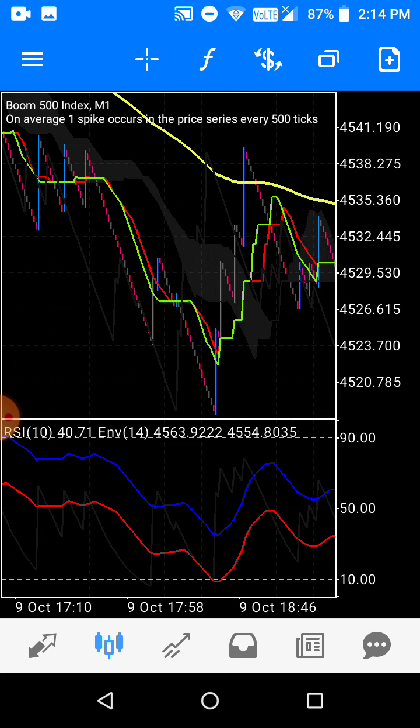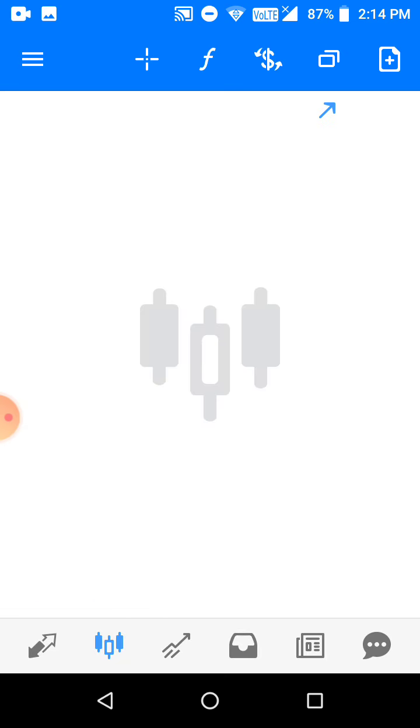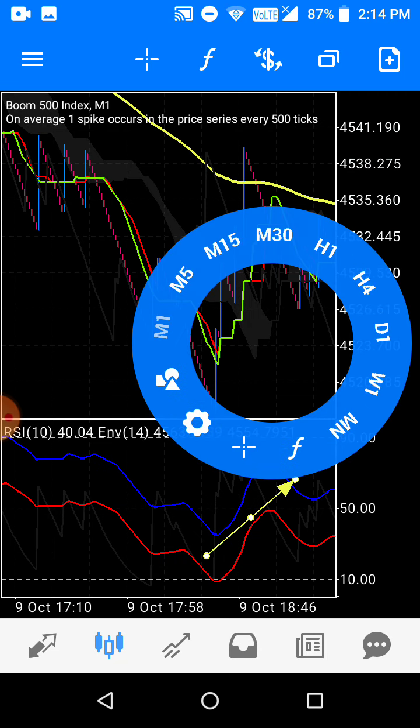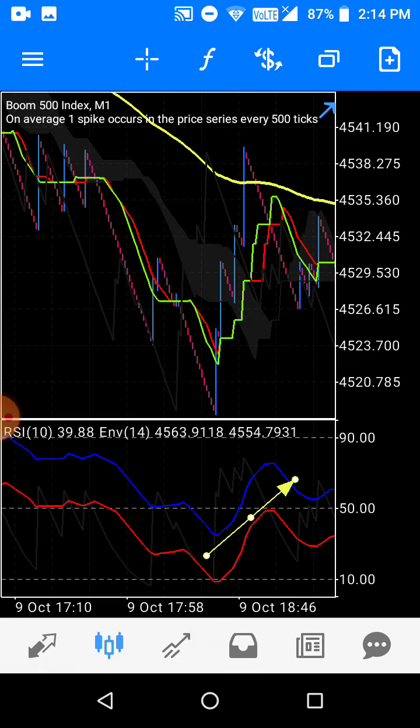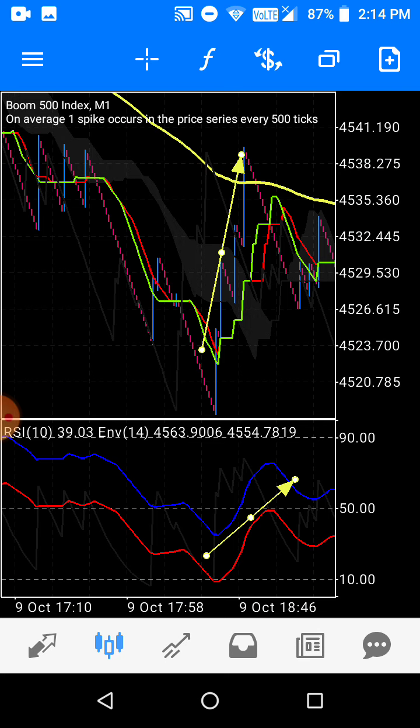Okay, so in Boom 500, most of the time it barely comes to the 50 zone, and if it comes to the 50 zone, this is the 50 zone we are talking about, high chances it has passed the moving average 200 slightly. So with Boom 500, it reacts a little bit differently, though don't be scared, it's still a trend, it's still trending.